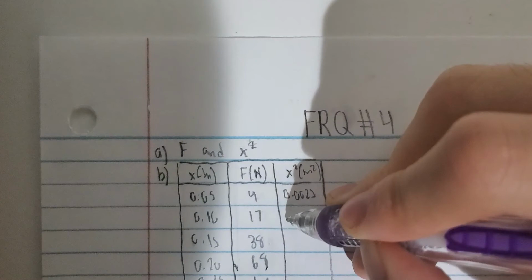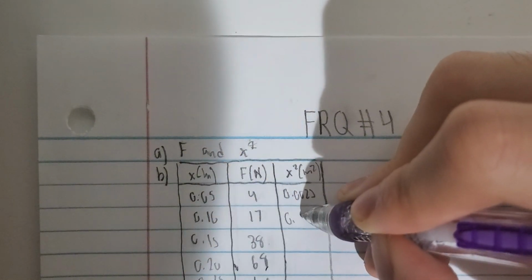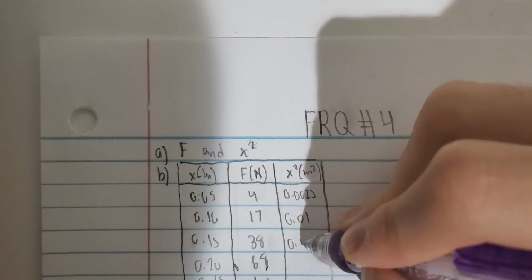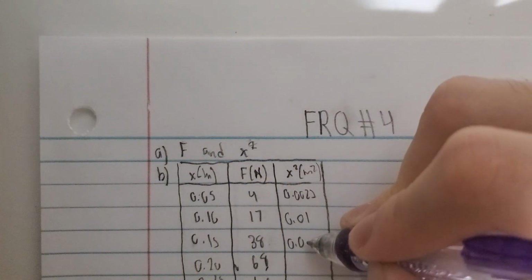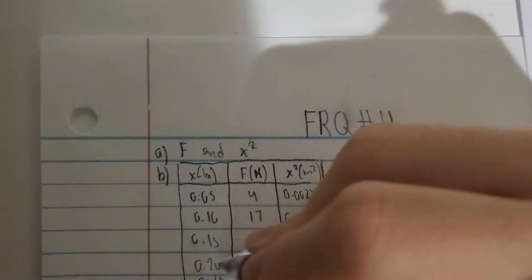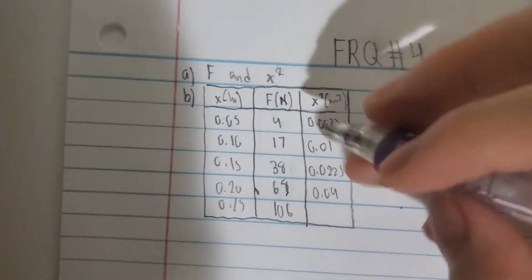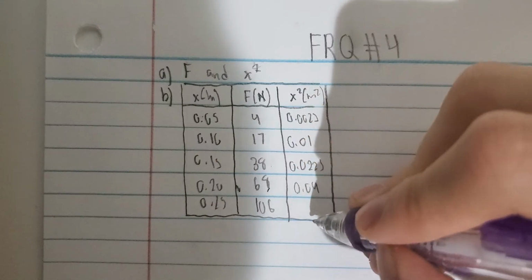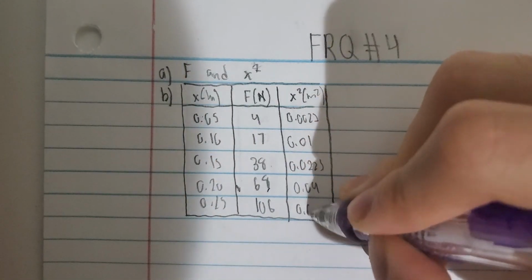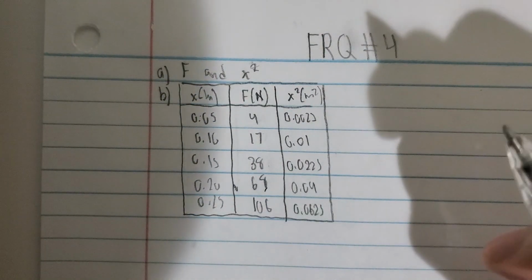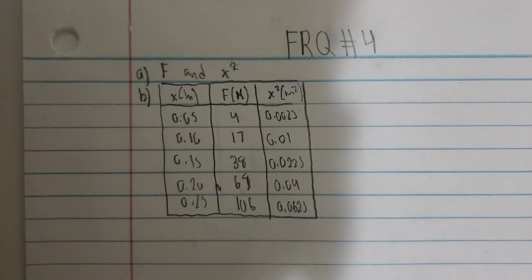The square of this number is 0.01. The square of this number is 0.0225. The square of this number is 0.04. And the square of this number is 0.0625. Alright, so that is our missing column, and we filled our chart.